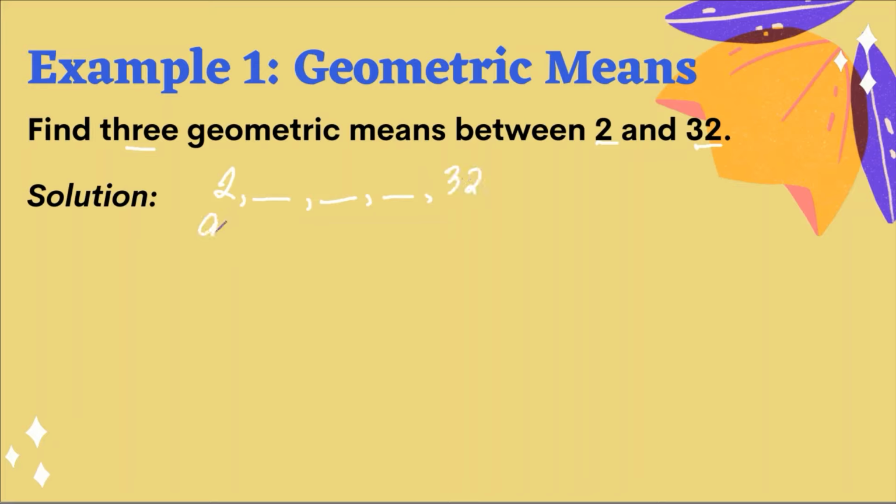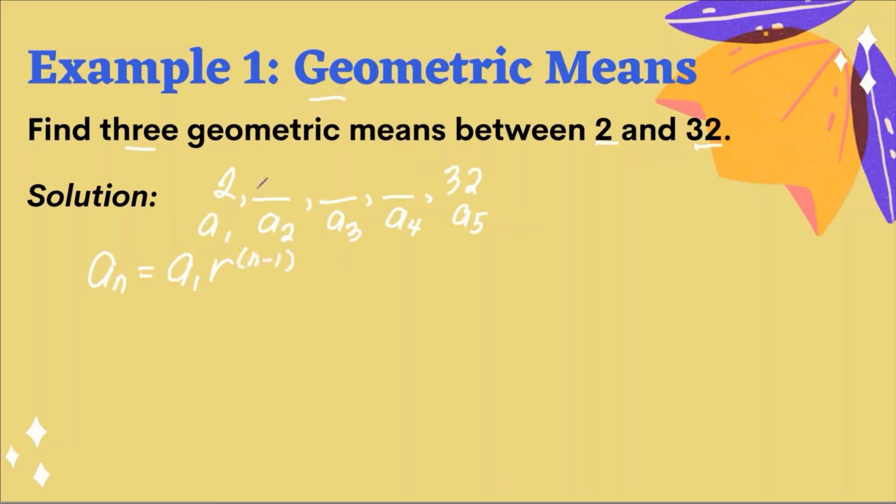So we have a sub 1, a sub 2, a sub 3, a sub 4, and a sub 5. It's just the same as arithmetic means, only that for geometric means, we are going to use the geometric sequence formula, which is a sub n is equal to a sub 1 times r to the power of n minus 1.